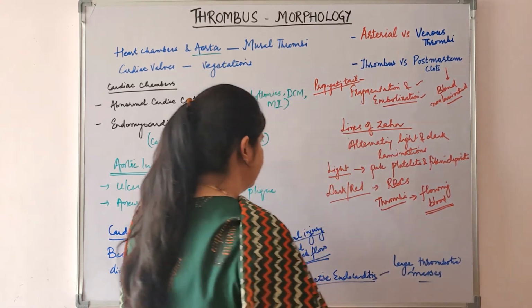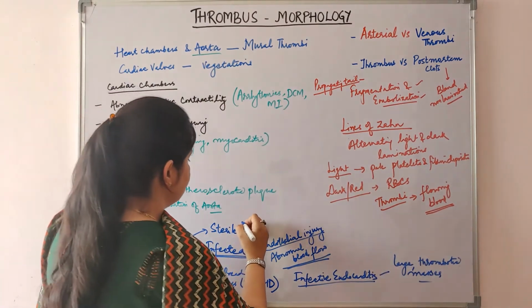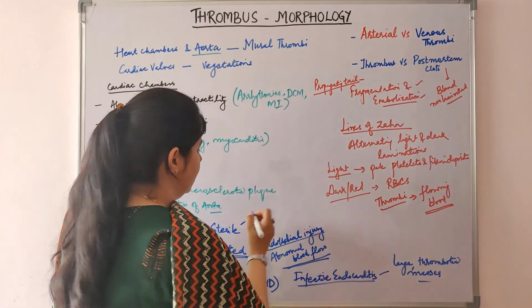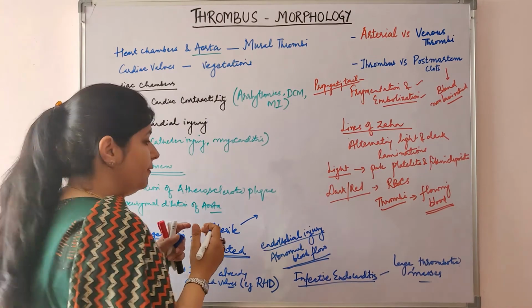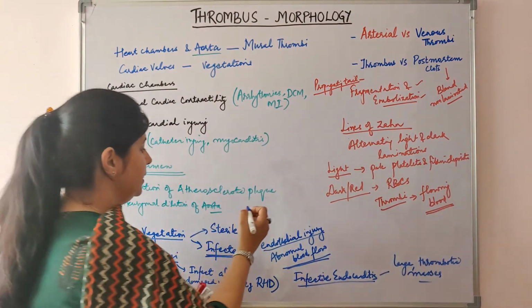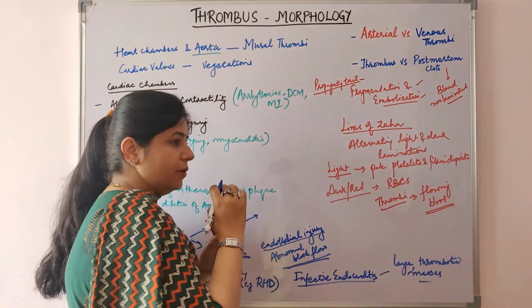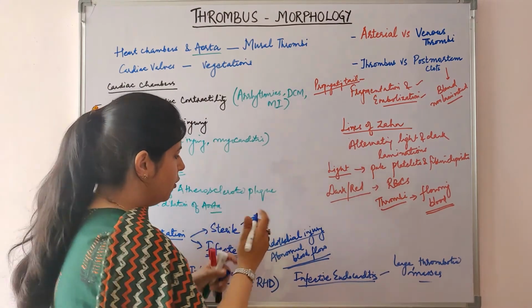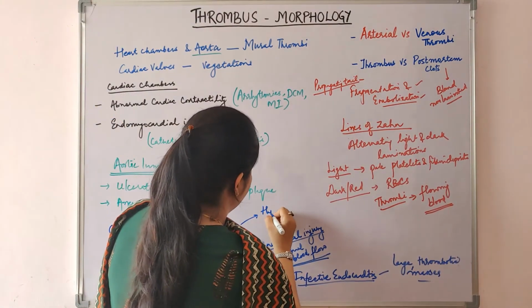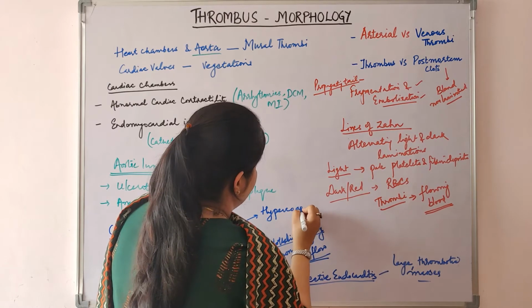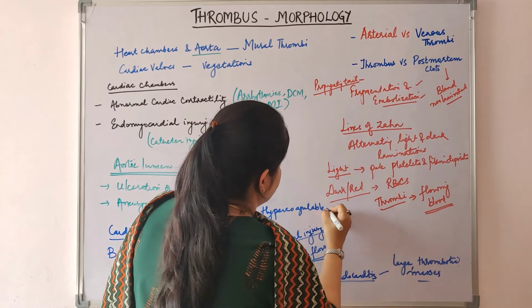On the cardiac valves. Now sterile cardiac vegetations are seen on the non-infected or the normal valves, and these are seen in hypercoagulable states.